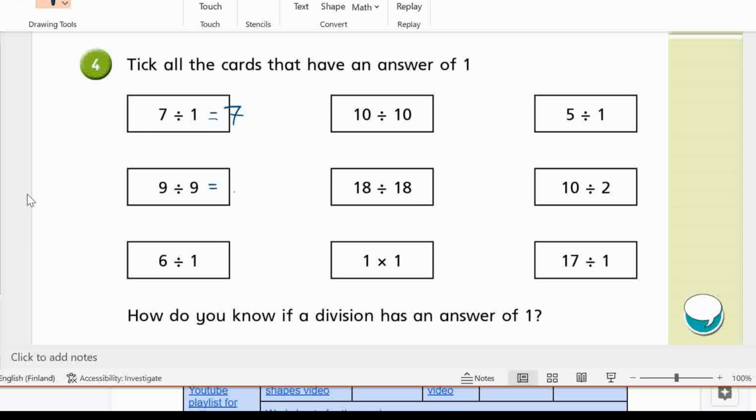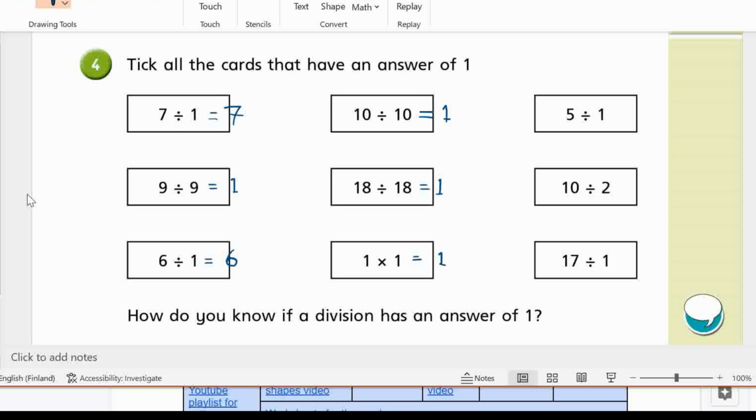Good. 6 divided by 1, if you think it equals 1, shout 1. Good. Equals 6. 10 divided by 10, 1. 18 divided by 18, 1 times 1.